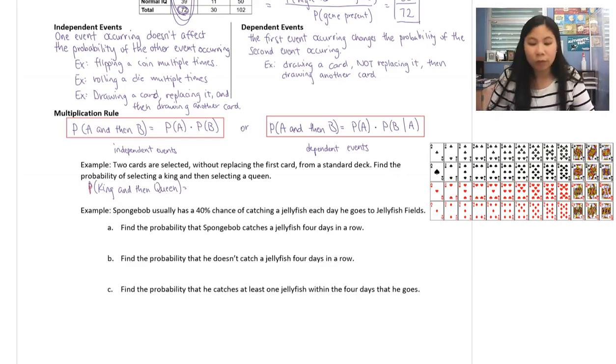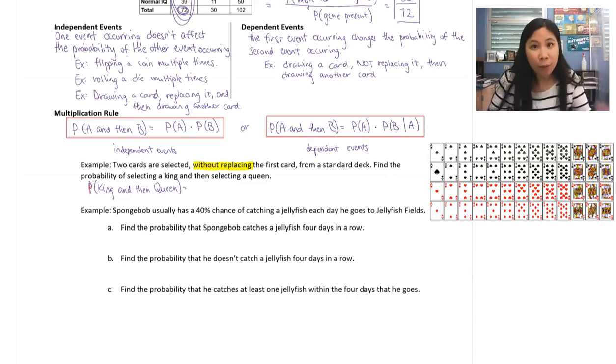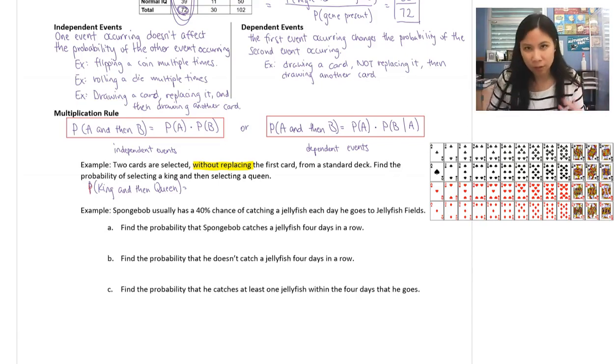So first, we know we're going to multiply because it's an and then question. And then it also says without replacing, which means that we're not putting it back in. So now the second time when we draw a card, there's going to be less cards overall in the deck. So keep that in mind.